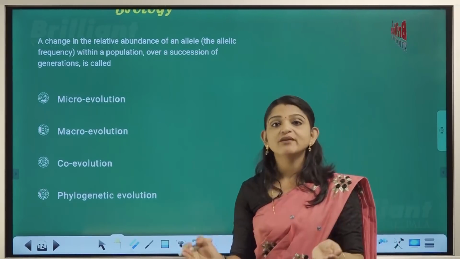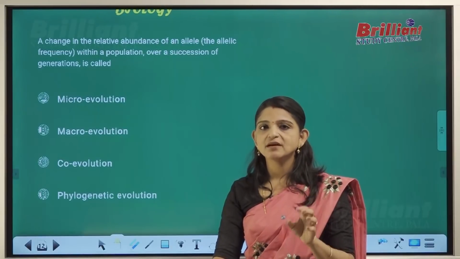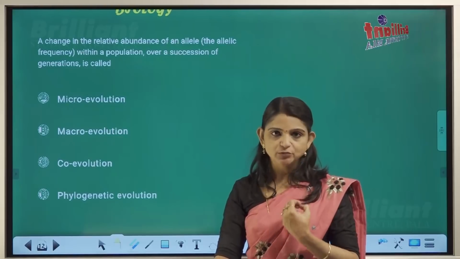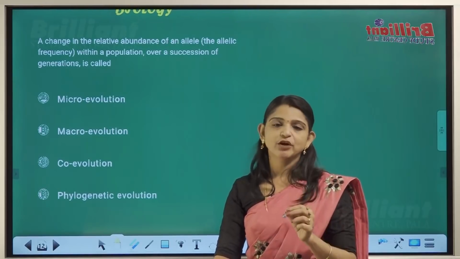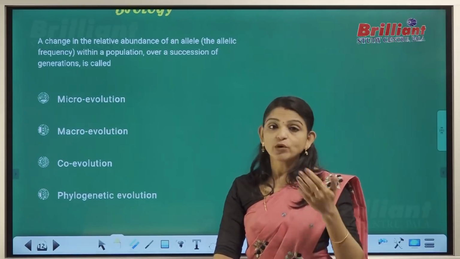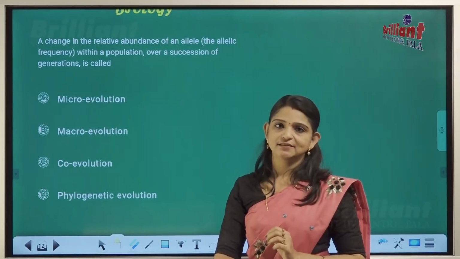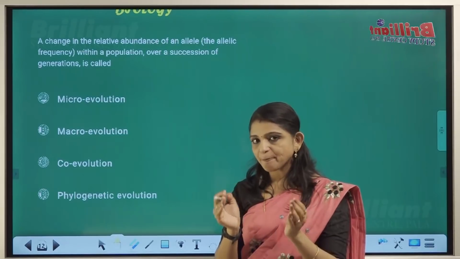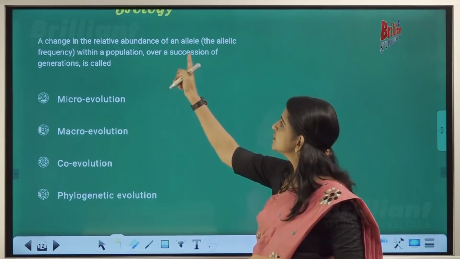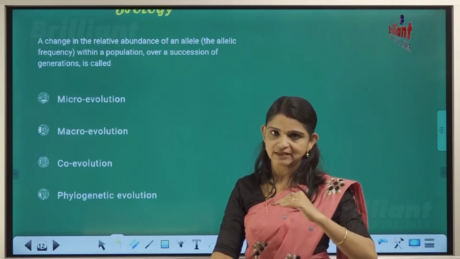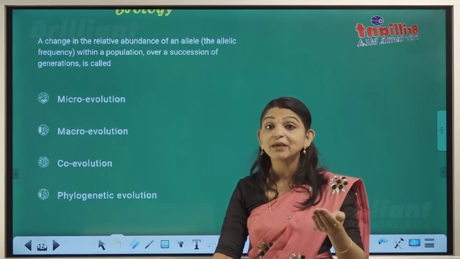Definitely that won't create a much bigger evolution. If any frequency or any alleles change, we human beings definitely won't become another animal or something like that. So the evolution resulting from this allelic frequency change will be at the level of an elementary evolution. It's not a big thing.